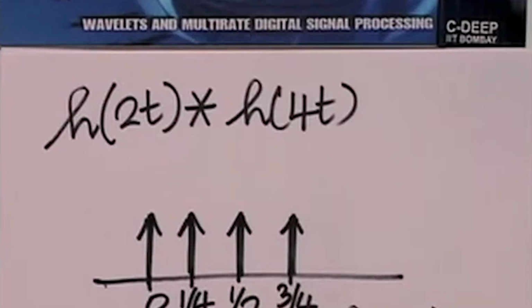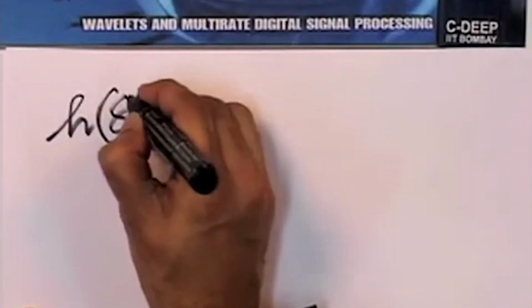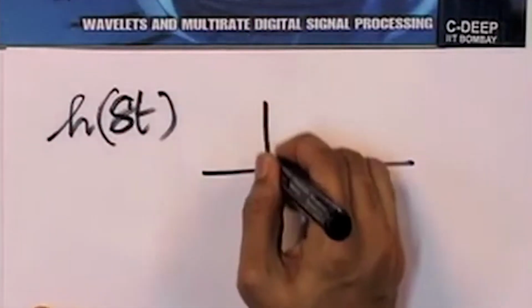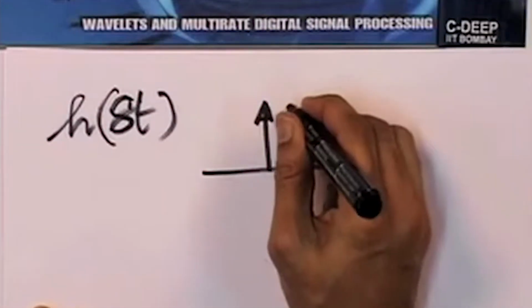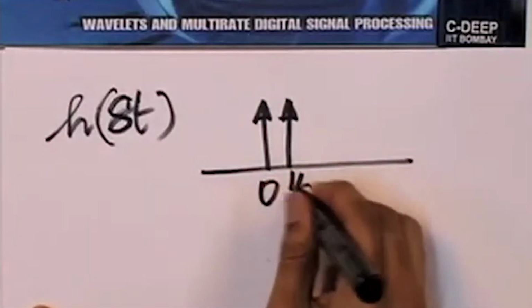So, if you take 3 terms, then you would be convolving this with h of 8t. How will h of 8t look? H of 8t looks like this. They come even closer together, 0 and 1/8.